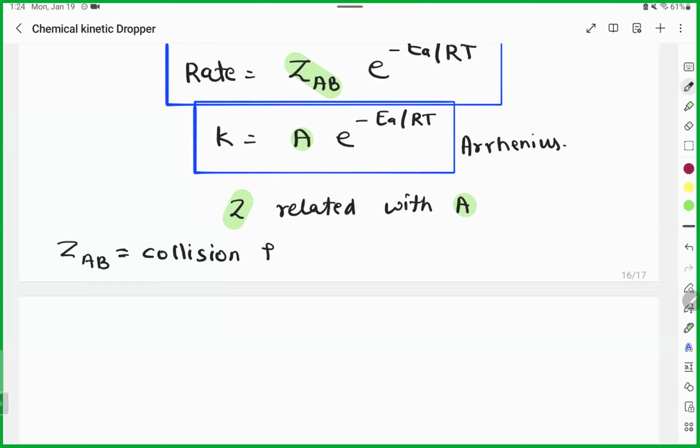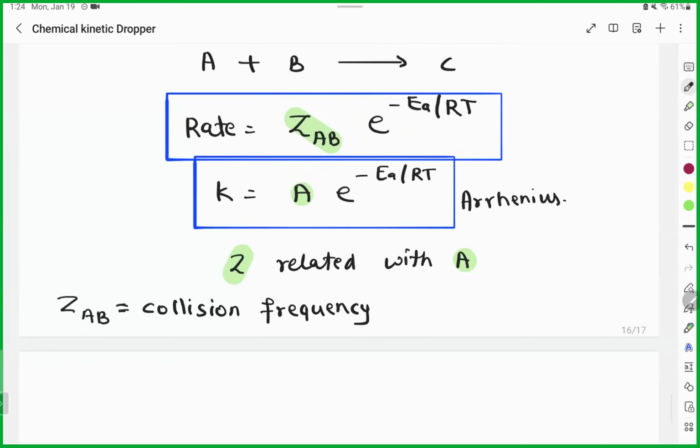But what is the simplest layman meaning? Sarah, are you there? Yes, sir. So the simplest meaning of collision frequency is how A and B are colliding with each other and responsible for the product. If the number of collisions is less between A and B, then it will not form C. Make sense?